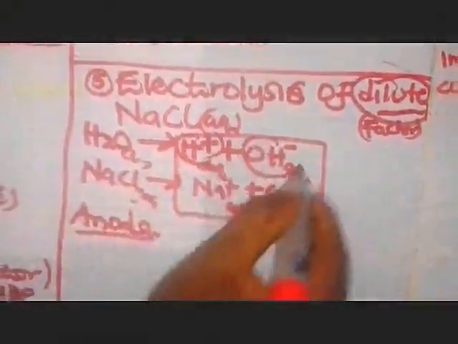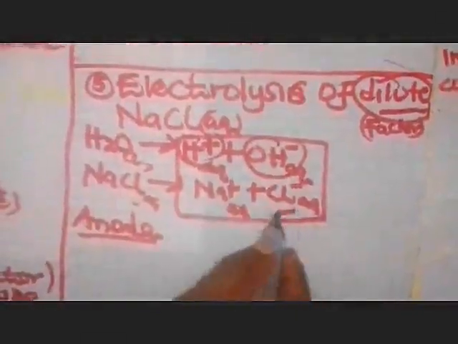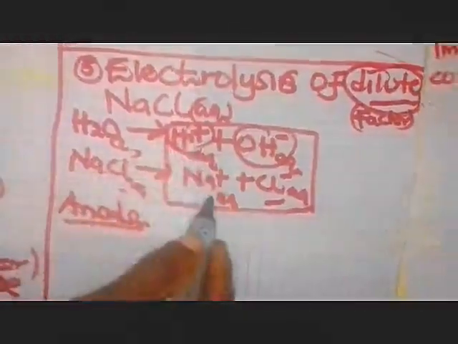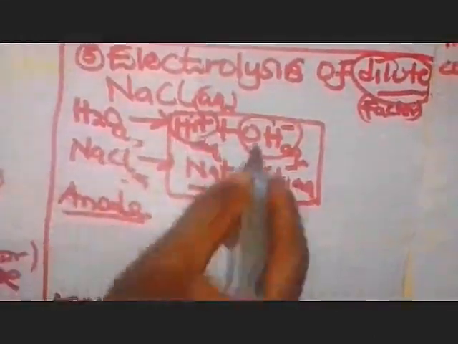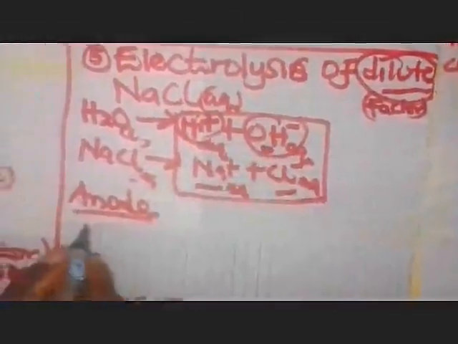Even the hydroxyl ions are highly concentrated more than the chloride. These ones are more than the sodium. So at the anode, we are going to take these ones, hydroxyls, which are highly concentrated. They become discharged. So when they become discharged, don't forget we get water plus oxygen plus our 4 electrons. We balance it like that.